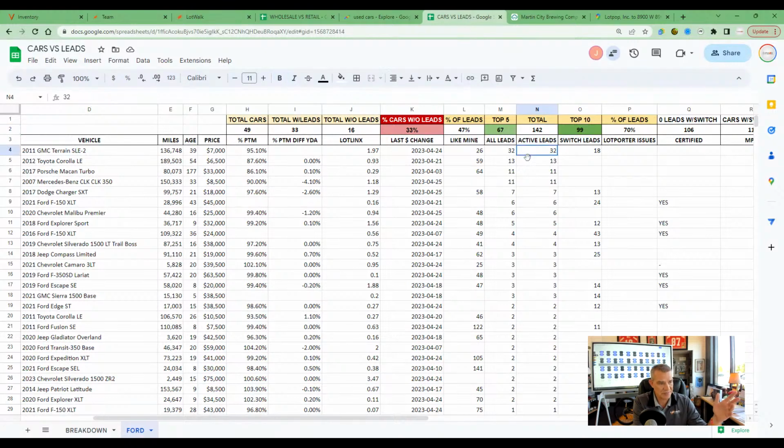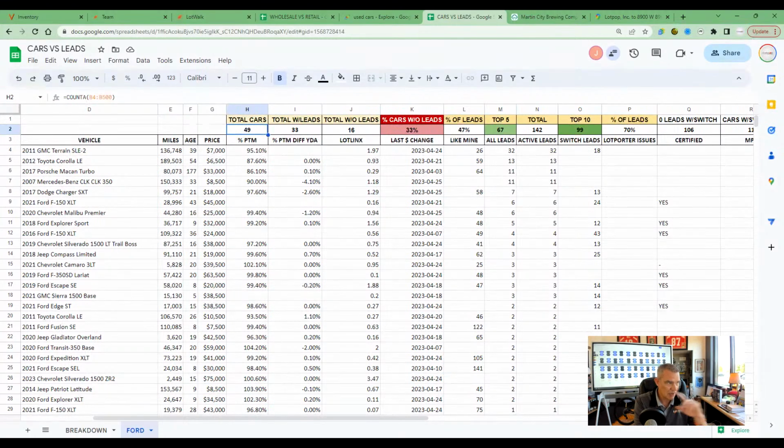Then I took the top 10 cars for leads and said, hey, 99 of those leads came in on 10 cars. So that's 70% of their total leads on only 10 cars in this dealer's inventory. And 47% of those leads are on the top 5. Almost half his leads are on only 5 cars of his inventory out of 49 total cars.